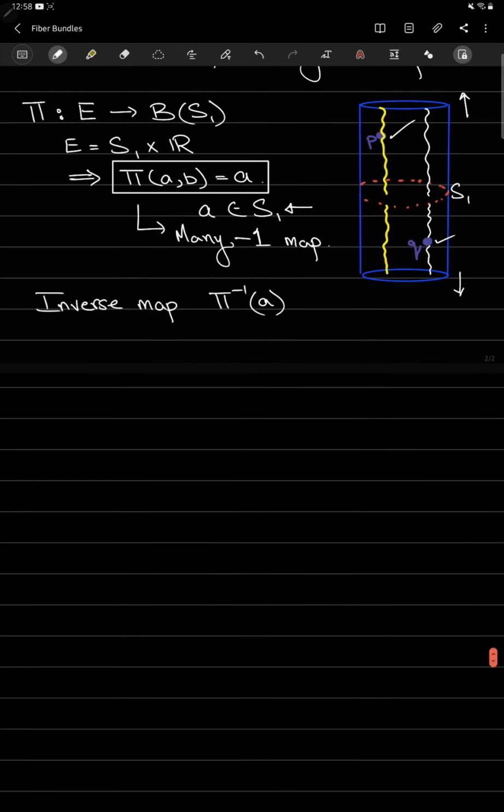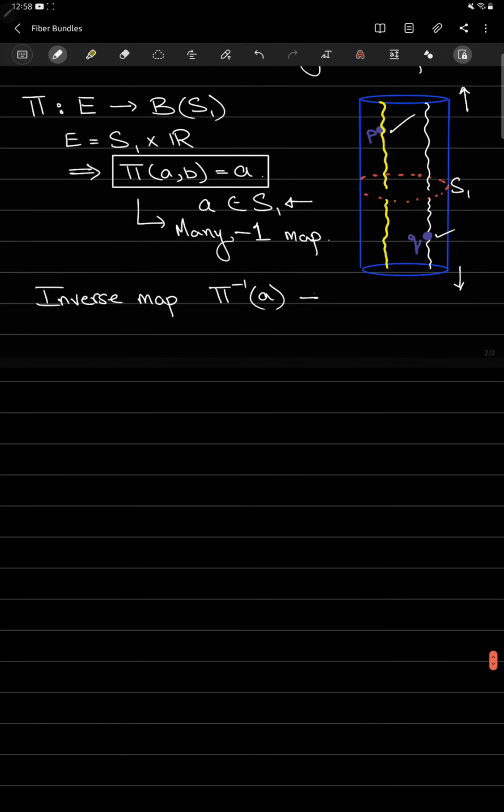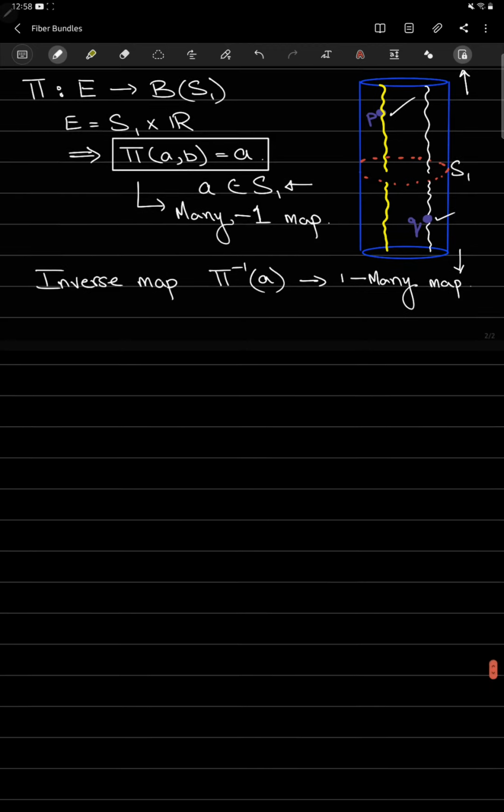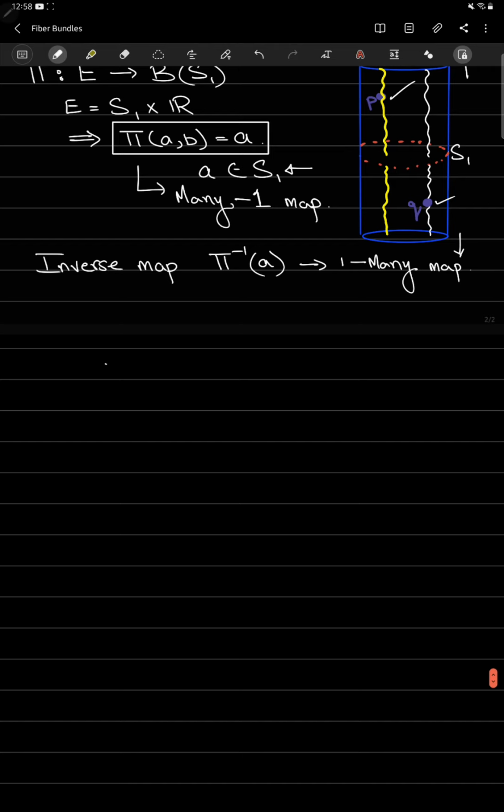First of all, we know that this inverse map should be a one-to-many map, because the original map is a many-to-one map. So what should pi inverse of A be? The inverse map is also known as the pre-map, and this is what we really want.